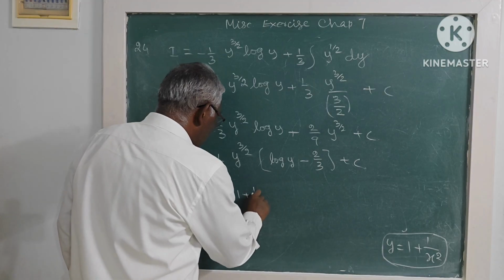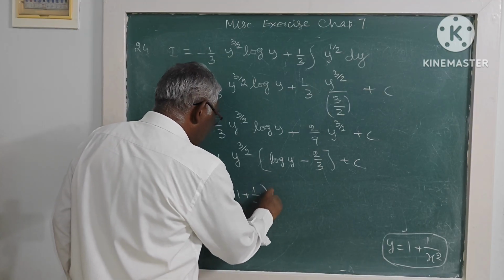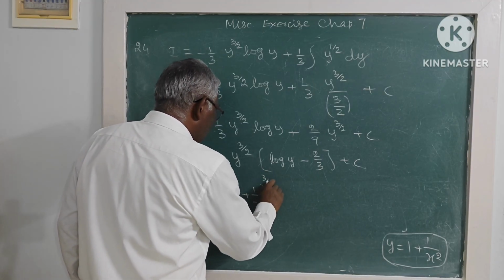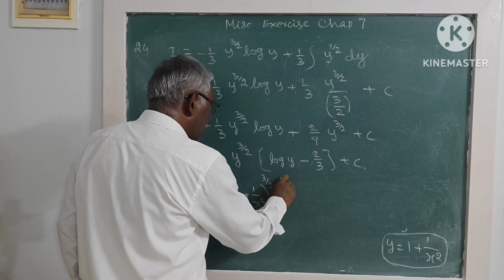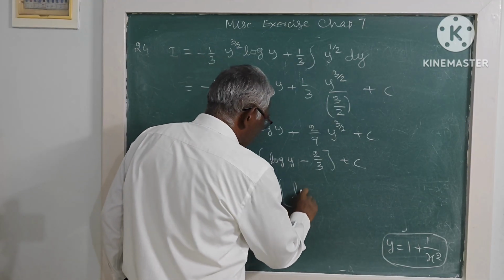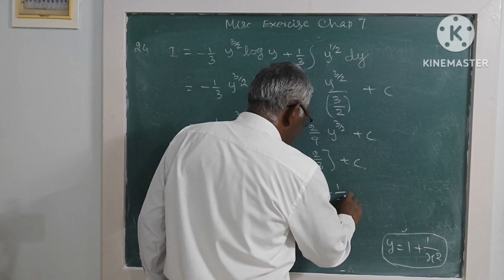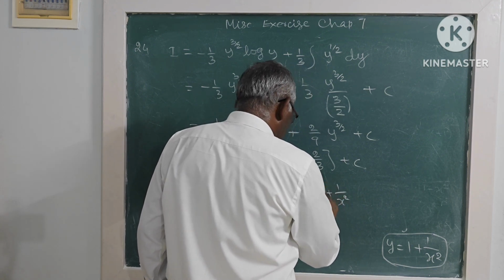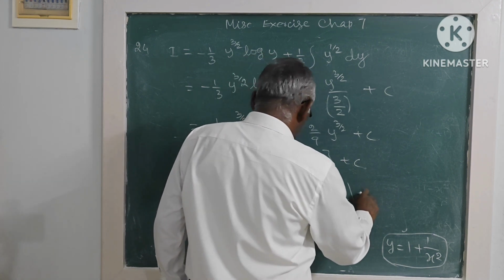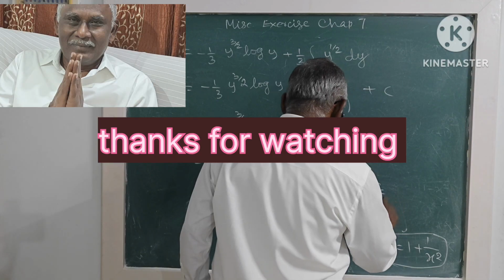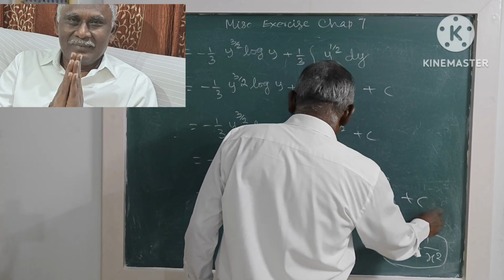So 1 plus 1 by x square power 3 by 2, then log of 1 plus 1 by x square minus 2 by 3 plus constant.